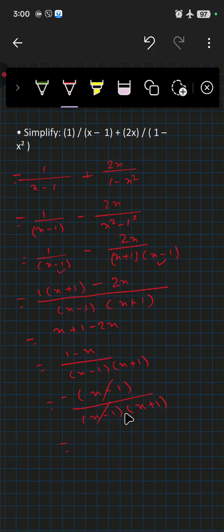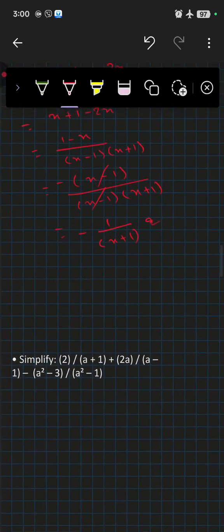The minus in front will make some changes in this question, but we can keep this also as 1 by minus 1 by x plus 1, because this minus will keep changing in both minus x and minus 1. That doesn't look good. Let it be minus 1 by x plus 1. So this is going to be the simplest form for this question.